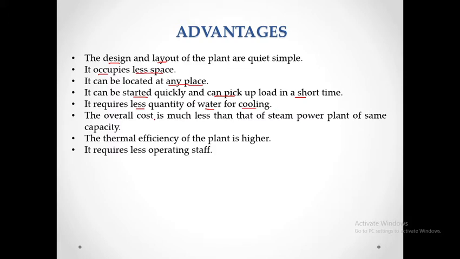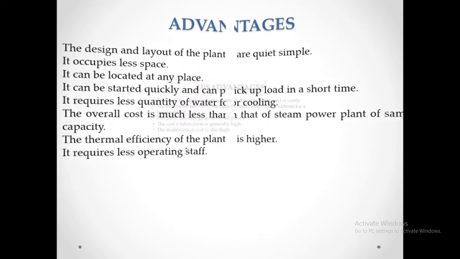Then overall cost is much less as compared to a steam power plant of the same capacity. Then the thermal efficiency of the plant is higher as compared to other power plants. Then it requires less operating staff, that is, the manpower required is very less. So these are some of the advantages of the diesel power plant.